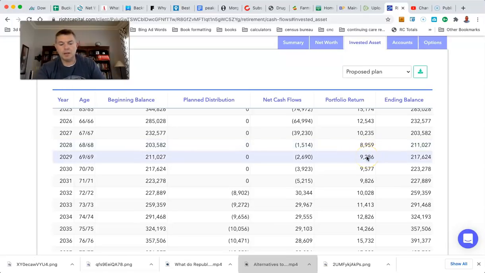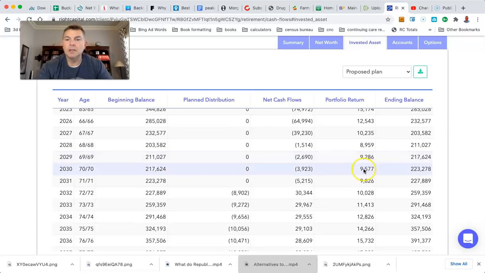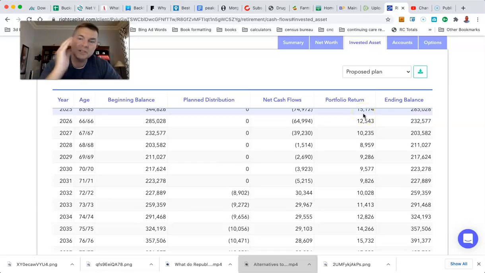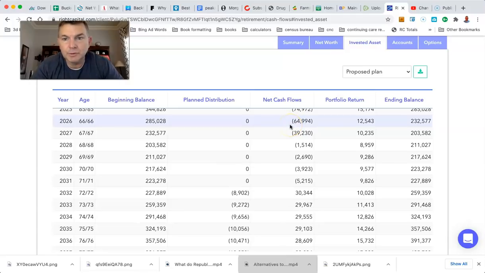The following year, 9,286 divided by 211,027, exact same thing. 9,577 divided by 217,000. And so what's happening here is we're getting 4.4% each and every year, a linear rate of return. Now, there are positive and negative cash flows, which will affect that a little bit.